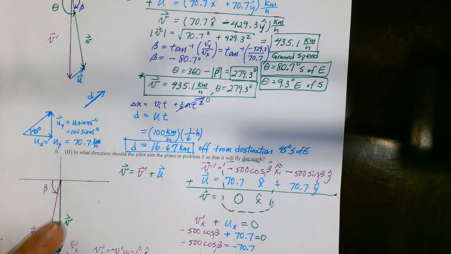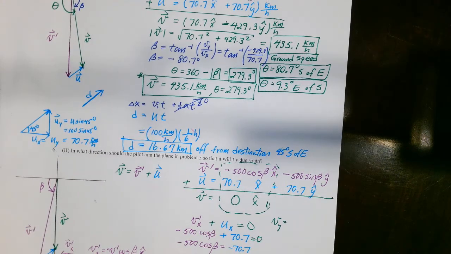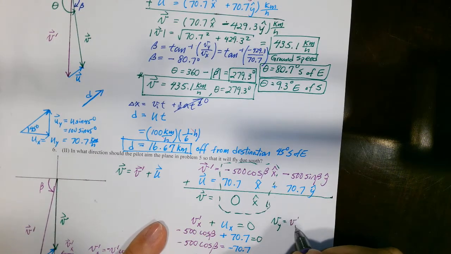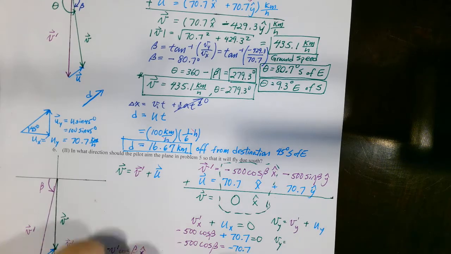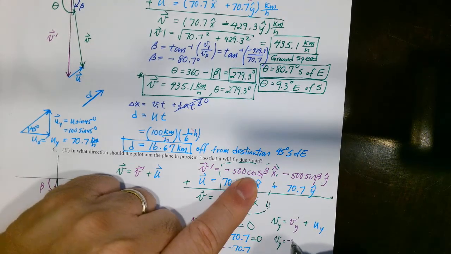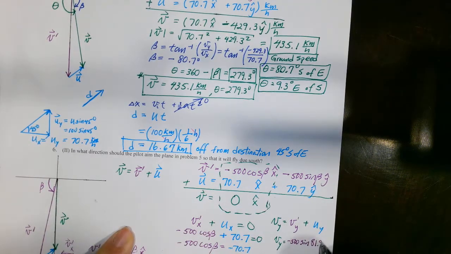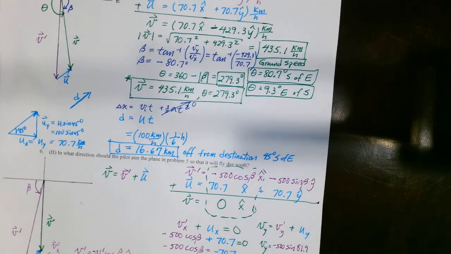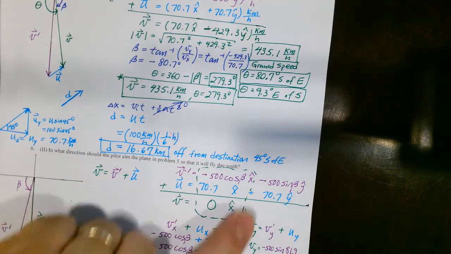So we can say Vy is equal to V prime y plus Uy. So Vy is equal to negative 500 times sine of 81.9 plus 70.7.